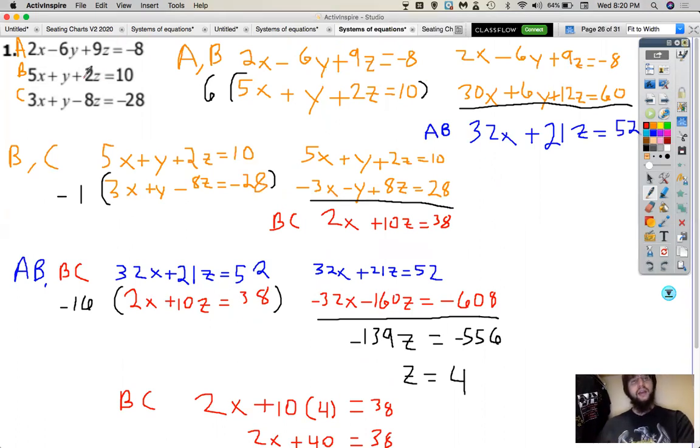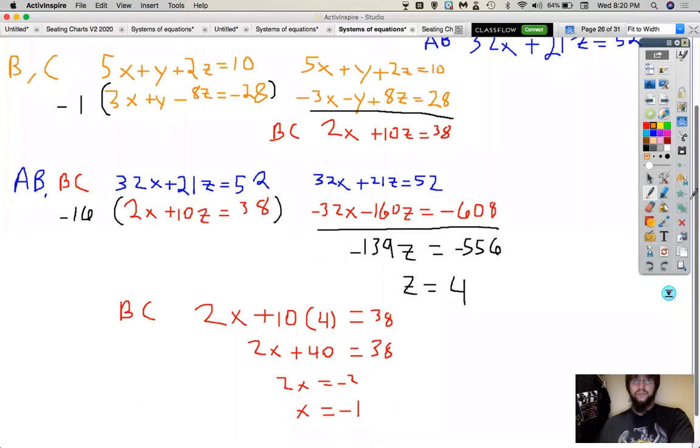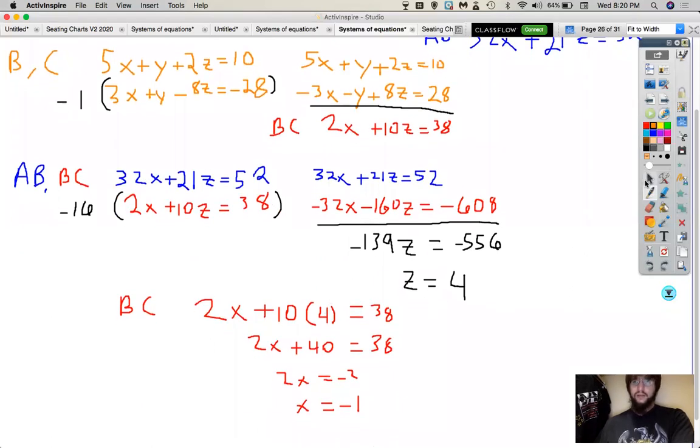And again, smaller numbers are always nicer, so I'm going to use B. 5x plus y plus 2z, 10. 5x is negative 1 plus y plus 2z, z is 4, equals 10.